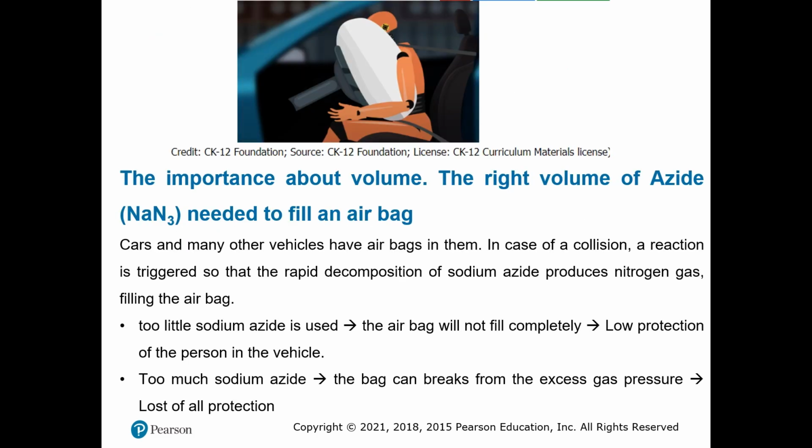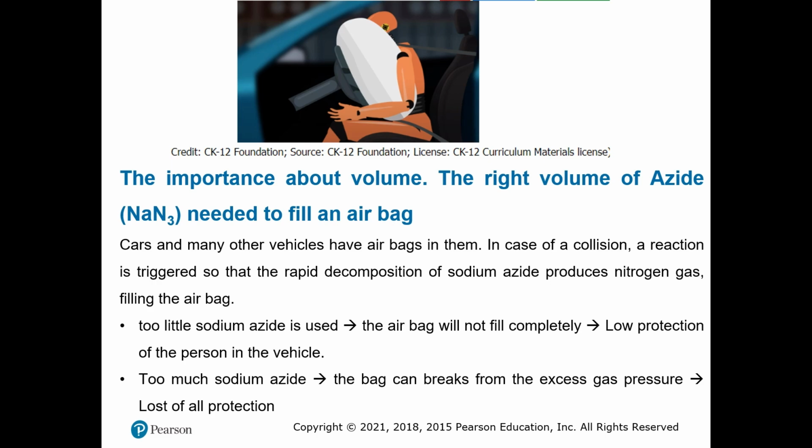So let's practice. And you must be asking yourself, why do I need to learn this? Because it's so important to calculate volumes of gas as well. For example, sodium azide is what we have inside your airbag, and gas will be produced when it inflates, right? When your car crashes, this starts a reaction, and the reaction is really fast.